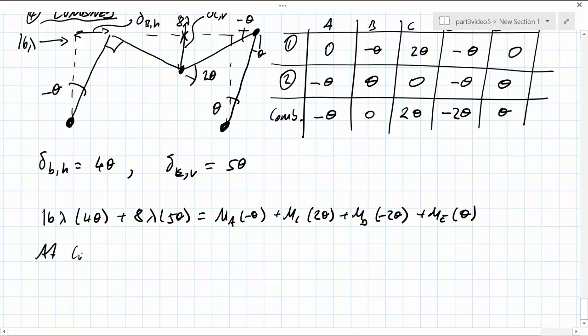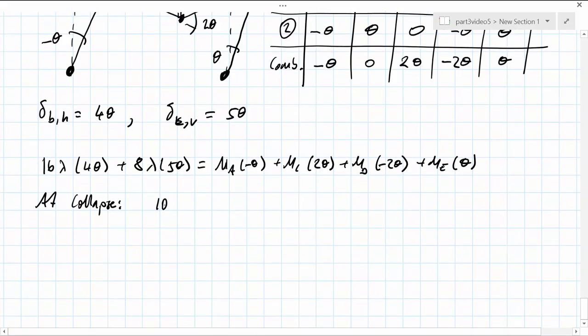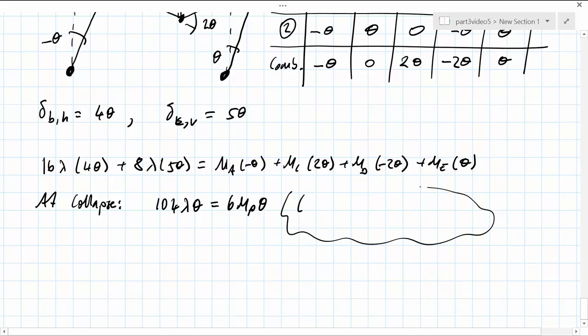At collapse, we then have 104 lambda theta equal to 6 MP theta. This is due to minus MP times minus theta plus MP 2 theta minus MP minus 2 theta plus MP theta.